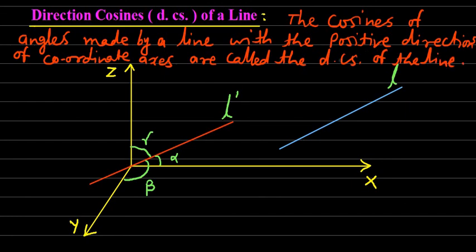Axis is singular and axes is plural. So in this way the direction cosines of a line are defined. DCS of a line. So it is explained by drawing a diagram also here.